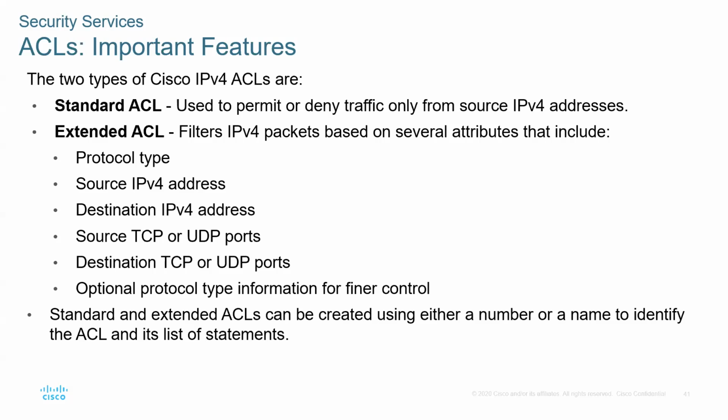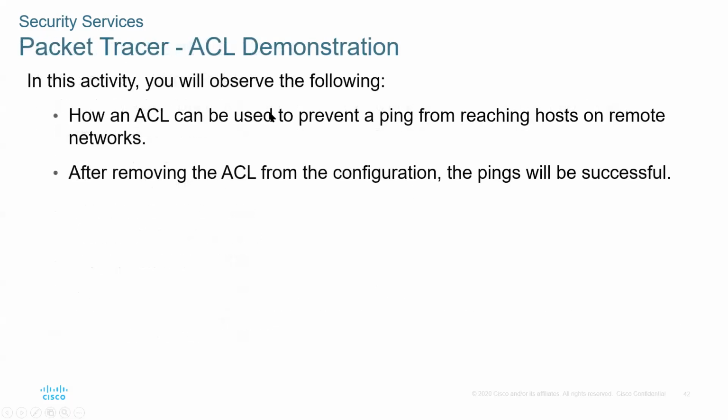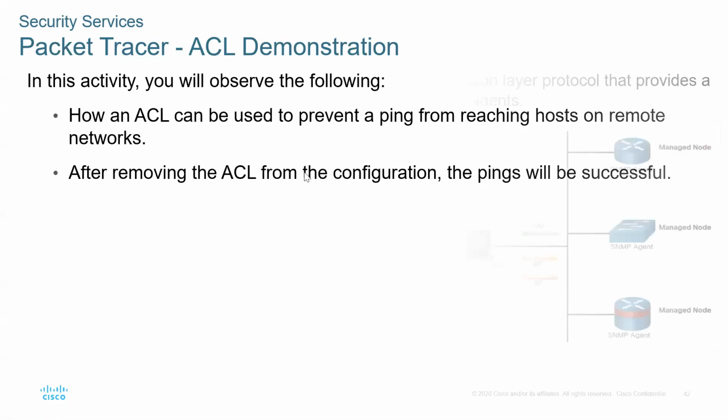So you can do a combination of standard and extended ACLs to create either a number or a name to identify the ACL itself and the list of statements. And this is typically referring to an ACL, like here they're doing it in Packet Tracer, because this is common among your Cisco routers and switches.